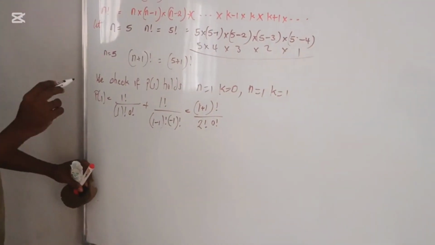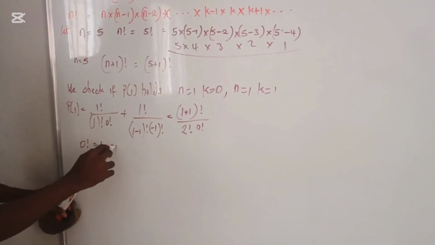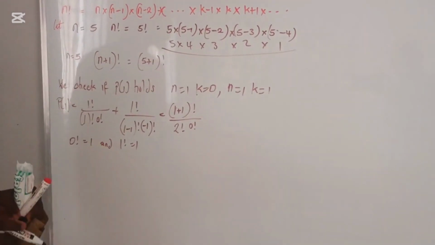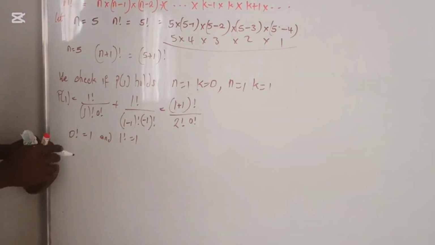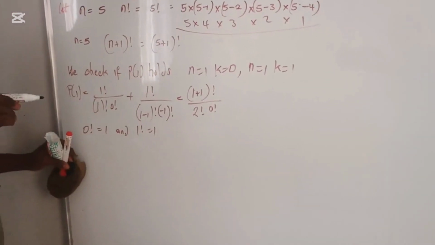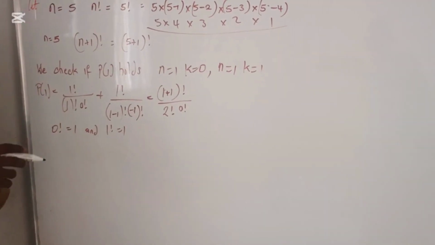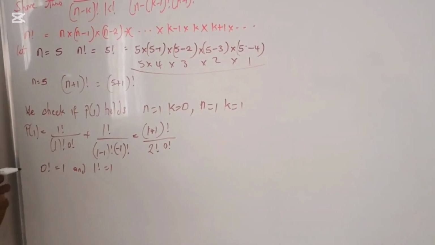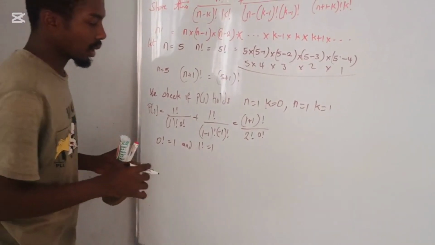Now, if you remember factorial, you know that 0 factorial is equal to 1 and 1 factorial is equal to 1. If you don't know it, you go back and check it. But you observe that we have a negative sign here, and the factorial property is not defined for negative real numbers.